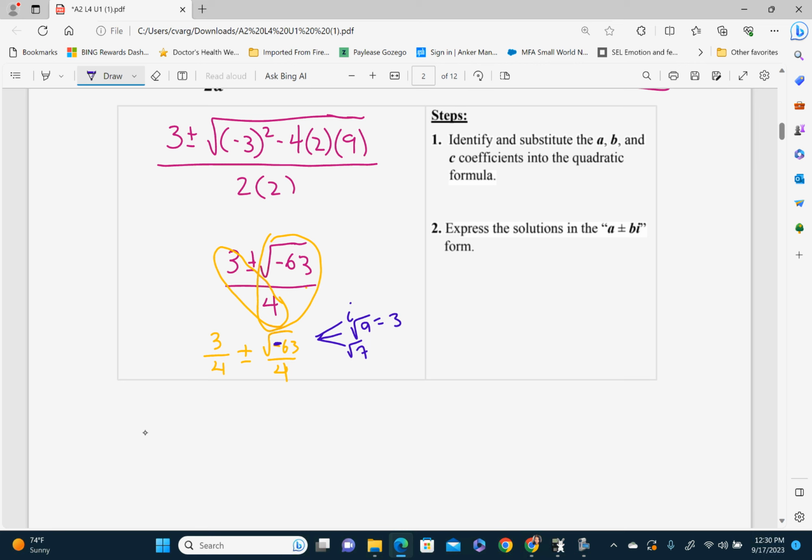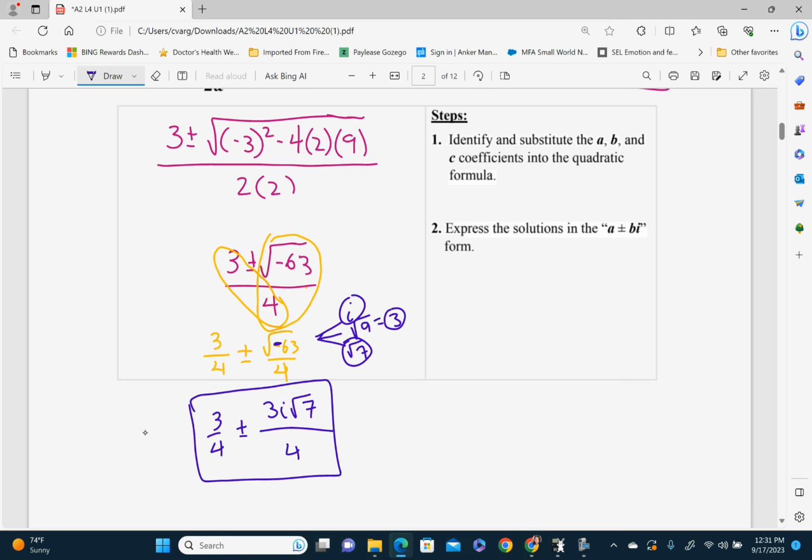So this simplifies to 3 over 4 plus or minus, and on the top there's a 3, so we have 3. We usually put the i next, so 3i, and then the radical next. So 3i radical 7, all over 4. This right here is our answer.